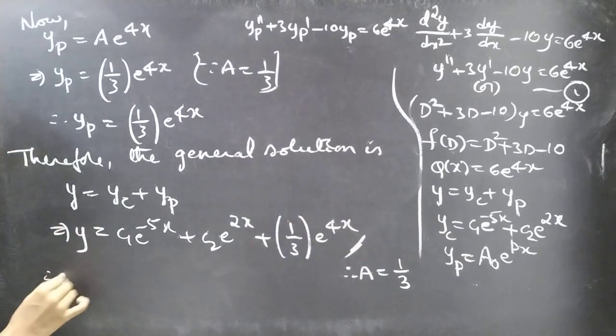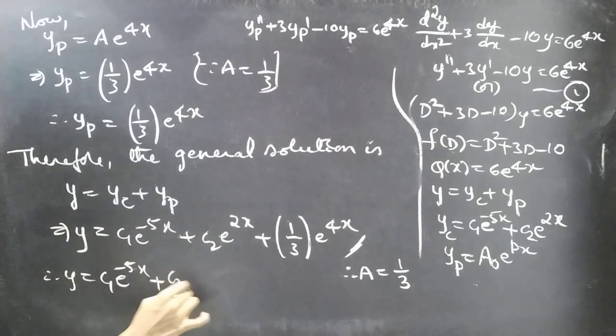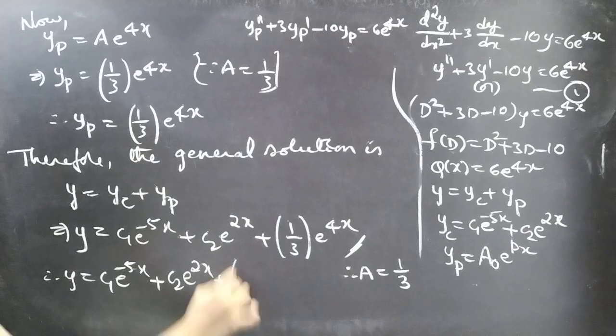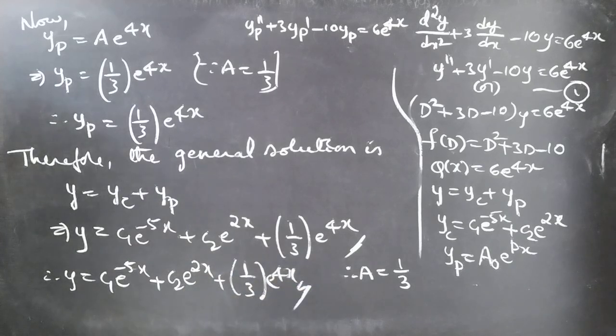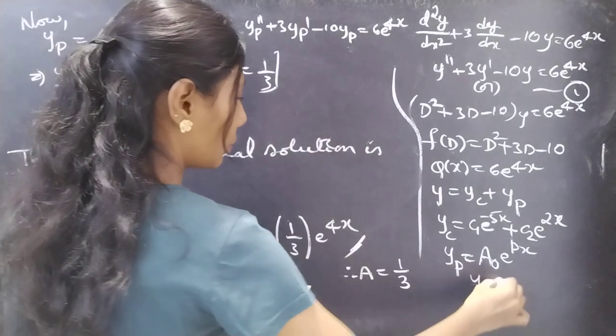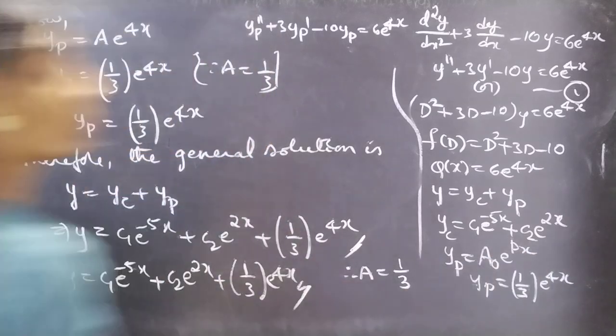Therefore, y equal to c1 e power minus 5x plus c2 e power 2x plus 1 by 3 into e power 4x is the required solution. Okay, we got yp equal to 1 by 3 into e power 4x. Fine. Now let's verify yp.